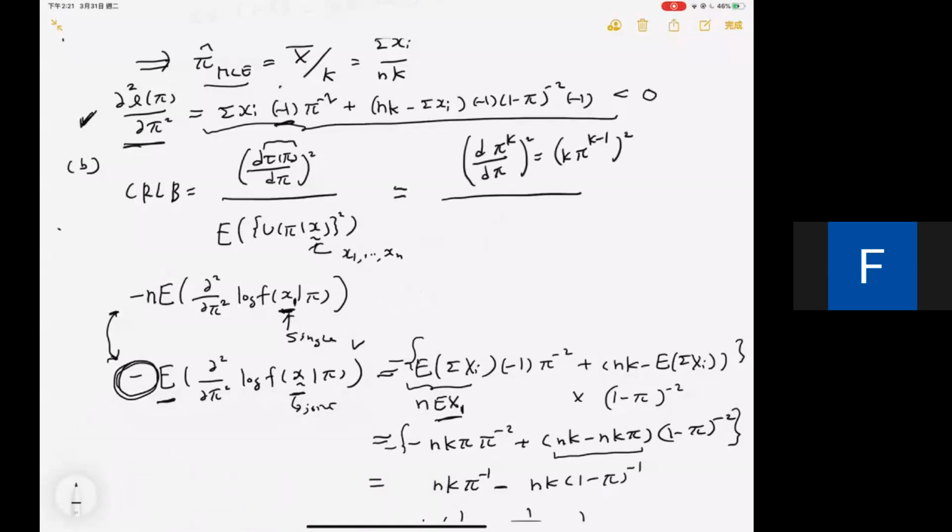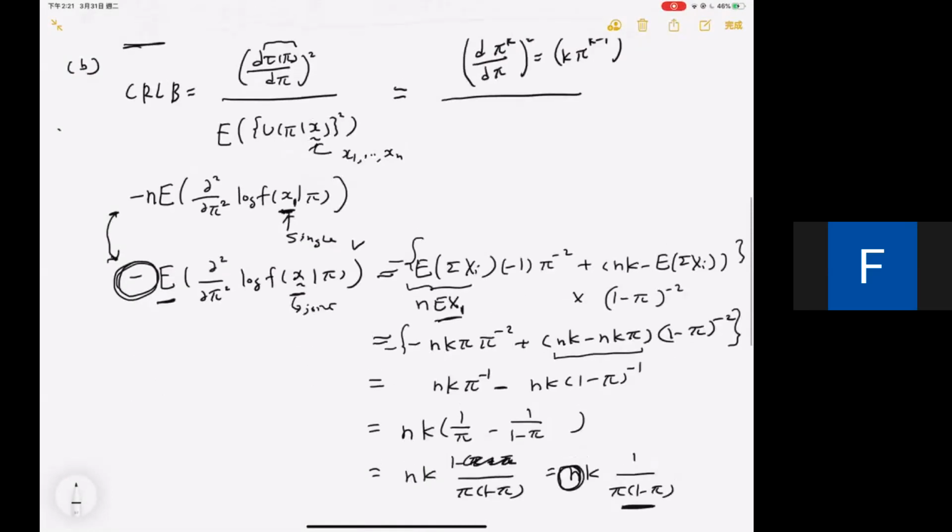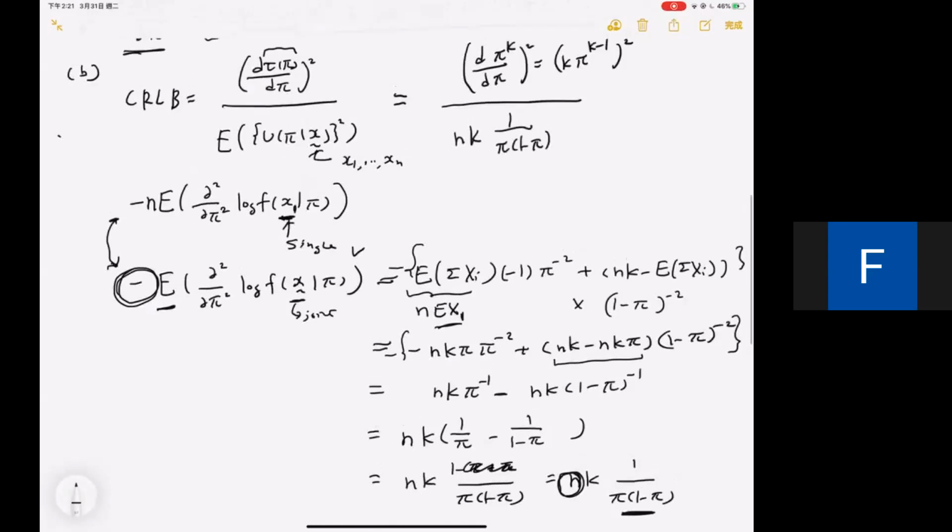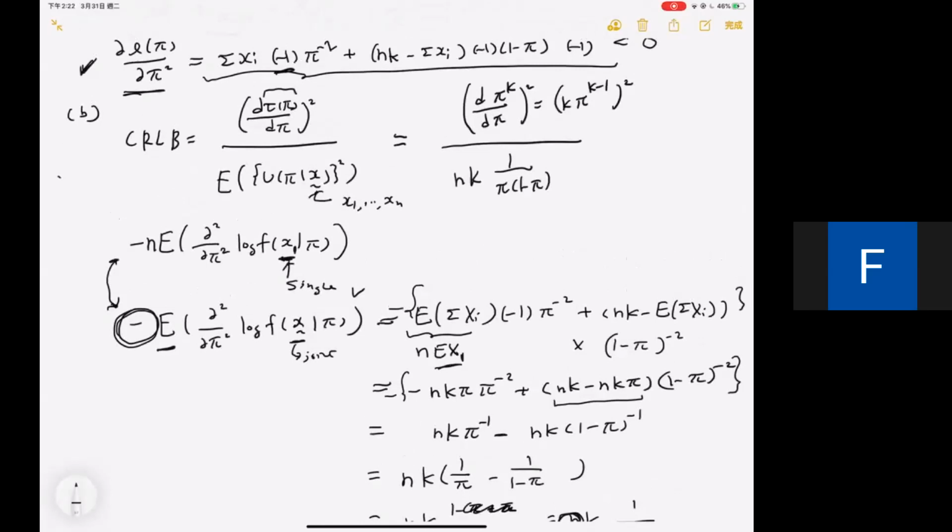Okay? Then denominator will be what? nk times 1 over pi times 1 minus pi. Okay? That's just CRLB. Let me check in my solution key to see if that is correct. K squared pi 2k minus 1 times, yep. Okay, so I think it's the correct answer right here.